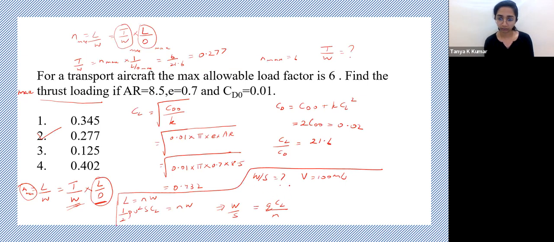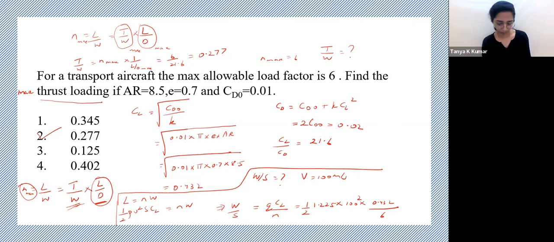Okay. So q is half rho V square. Take rho as mean sea level, so that is 1.25 into 100 square. CL is 0.432 by n, which is 6.